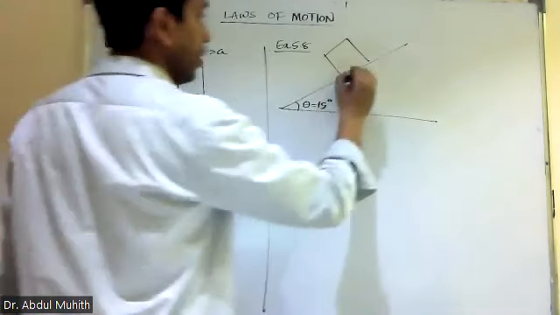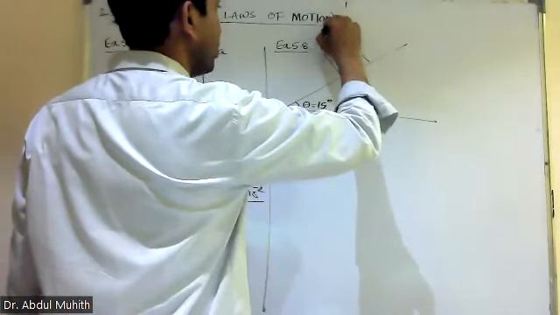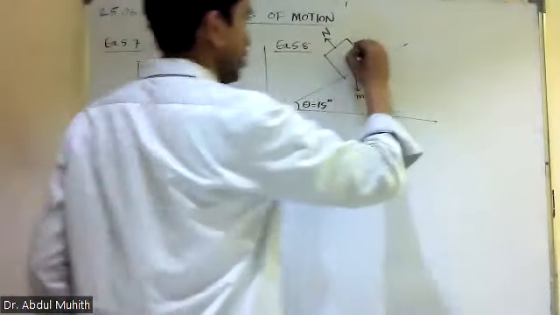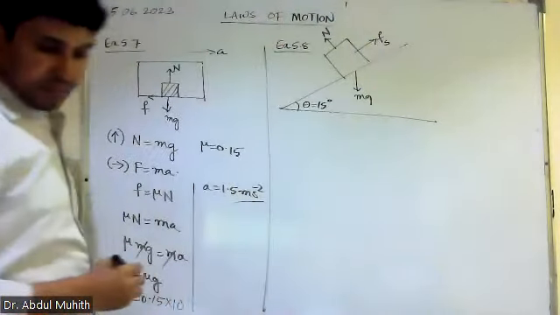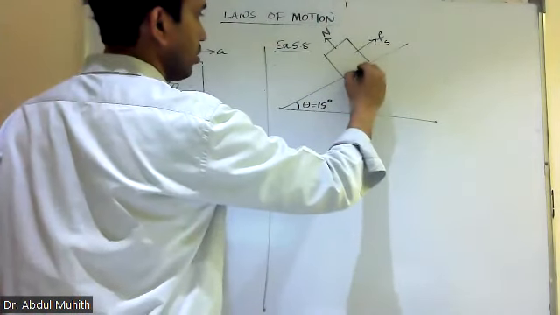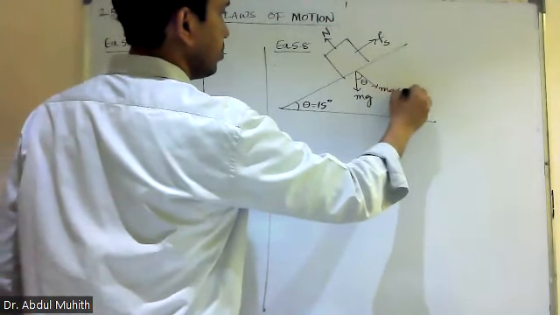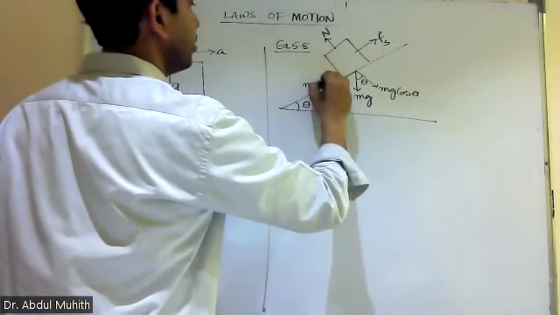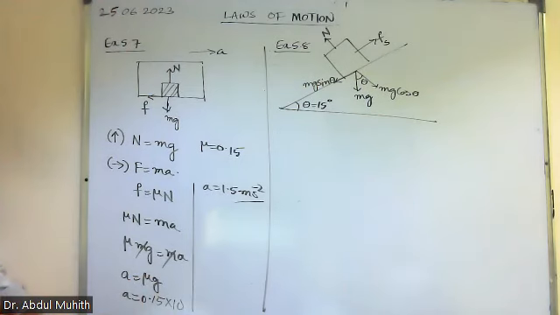Now, here weight mg is acting downwards, and normal reaction is acting upwards. This is the frictional force Fs. Here we have two components: this is theta, mg cos theta, and this is mg sin theta.